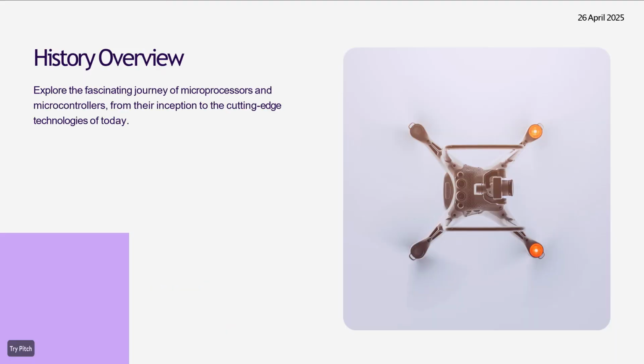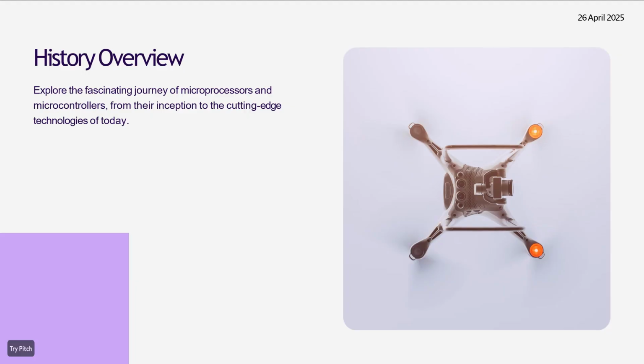Here we have to know the history overview. The evolution of microprocessors and microcontrollers is like the story of modern computing itself. Let's go on a quick tour through time, hitting the major milestones and breakthroughs that shaped both technologies. First is the birth.